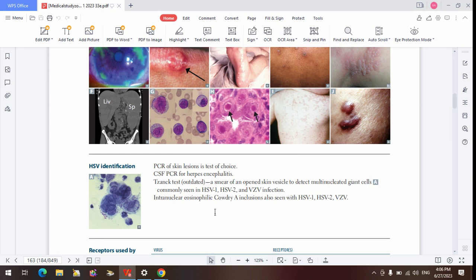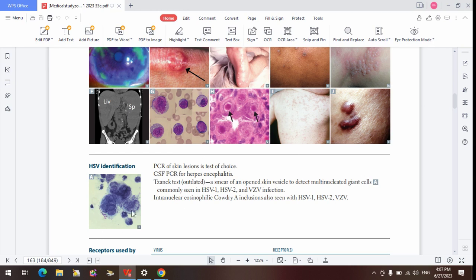Those viruses cause some epithelial cell changes. They have an increased nuclear size, increased cell size entirely, and they appear like giant cells. Those are the cytopathic changes that these herpes viruses do to the epithelial cells that they infect.